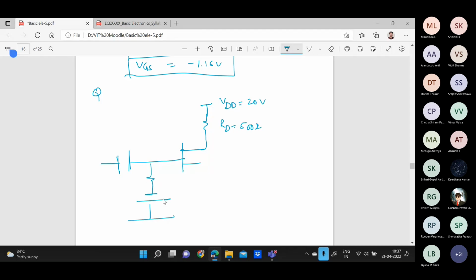And we have a VGG here, this is ground, and connecting with this. VDD is 20 volts, RD they have given 500 ohms, and they said draw the DC load line. Question is: draw the DC load line.